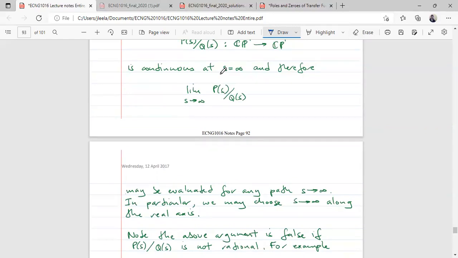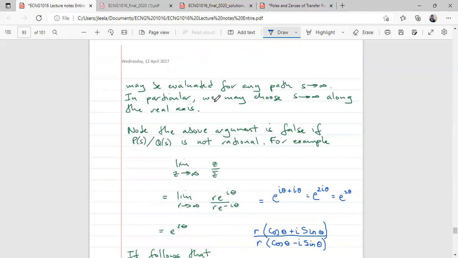In particular, we may choose s approaching infinity along the real axis as we did in the previous case. Note that the above argument is false if P(s) over Q(s) is not rational.